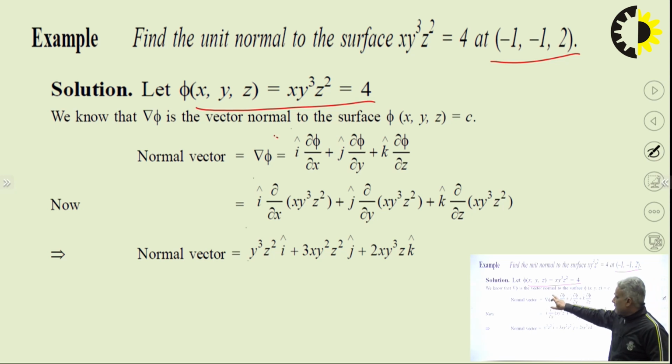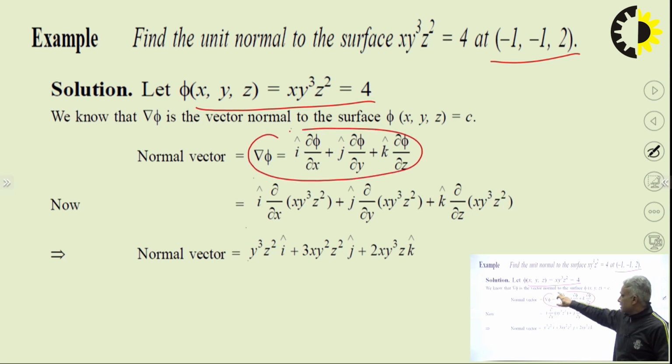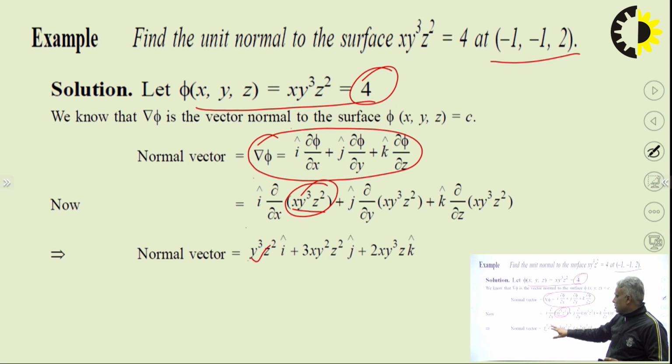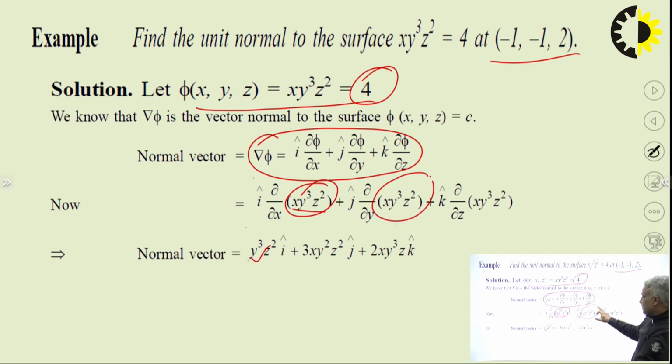Del phi means the value of del applied on phi, because the differentiation of 4 is always 0, so we do not take 4 here. The differentiation of this with respect to x is y³z², with respect to y is 3xy²z², and with respect to z is 2xy³z.